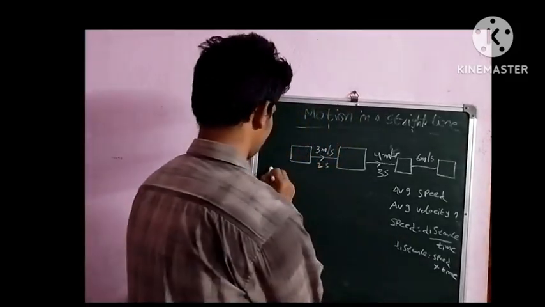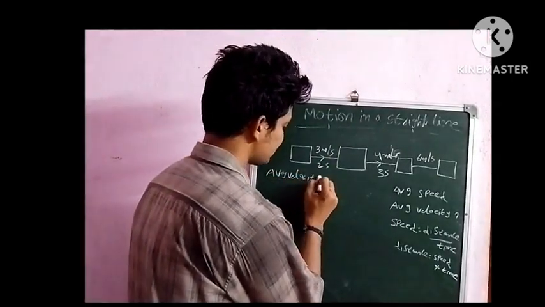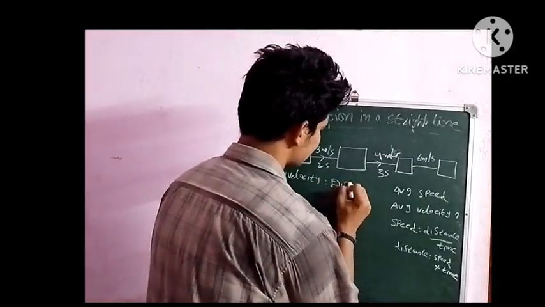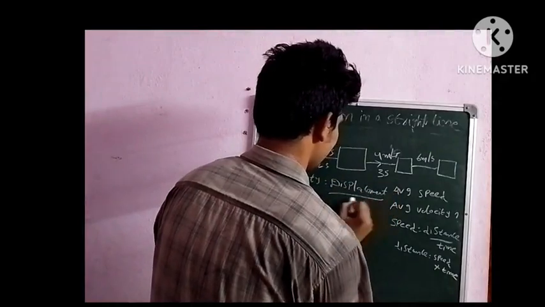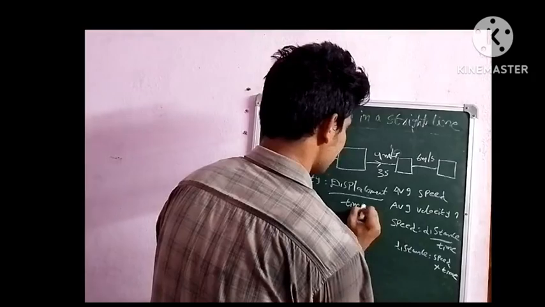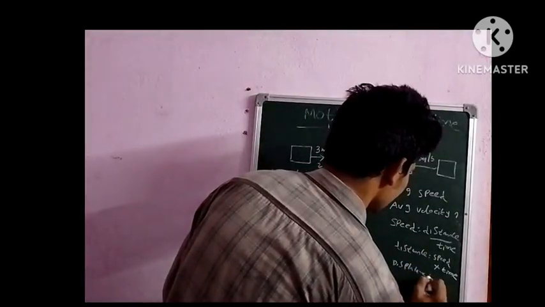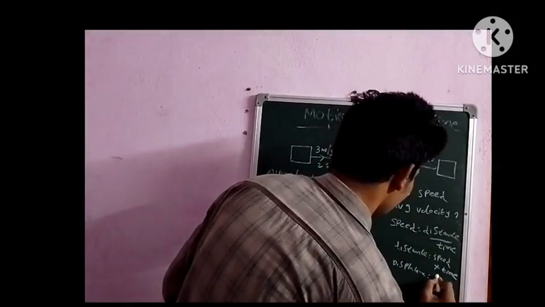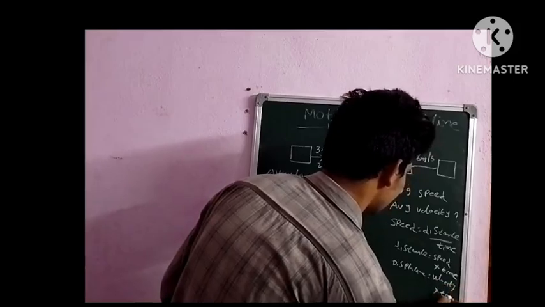The average velocity formula is displacement by time. Displacement is nothing but velocity into time.